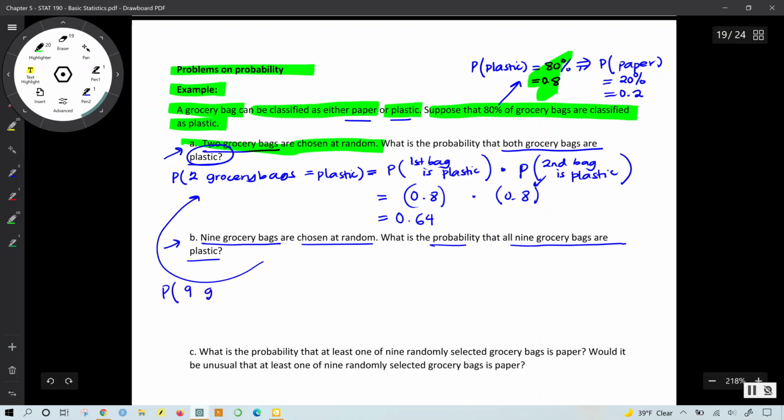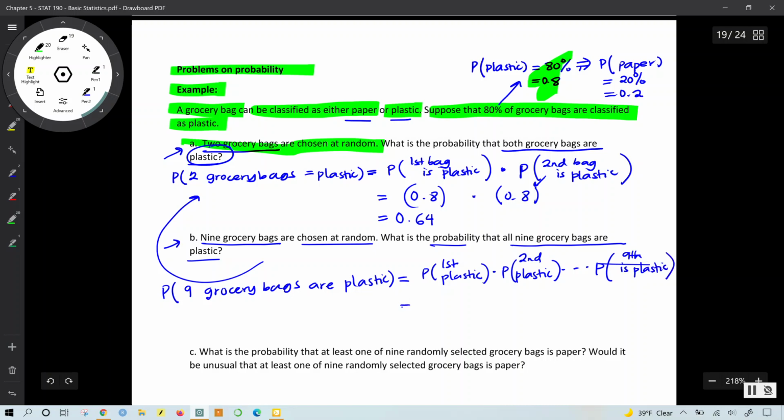Probability that 9 grocery bags are plastic will be equal to probability that first is plastic multiplied by probability that second is plastic, up until the last one, which is probability that the ninth bag is also plastic. So this will be equal to 0.8 multiplied by 0.8.